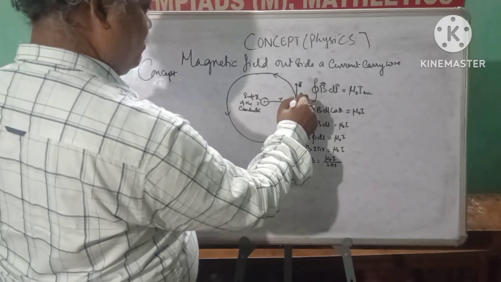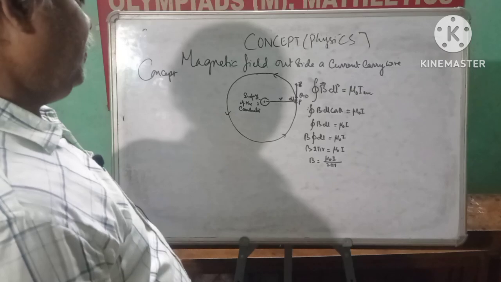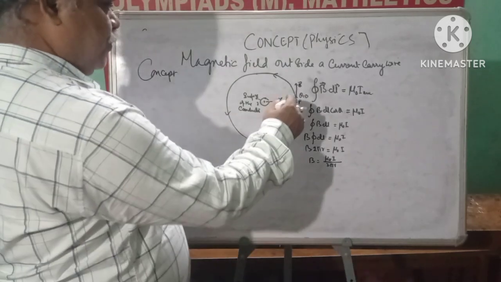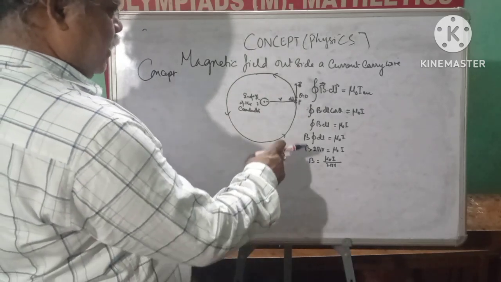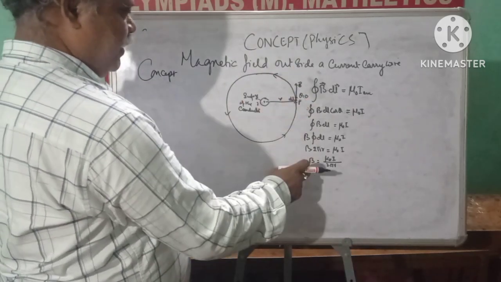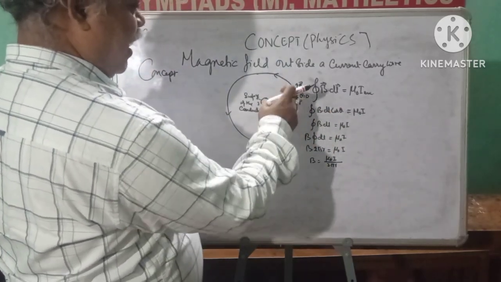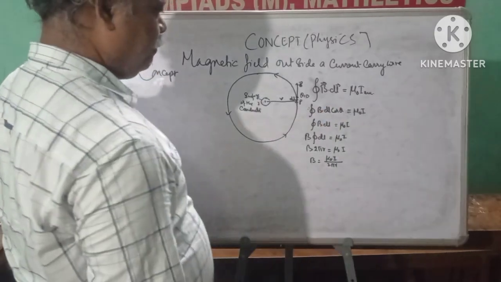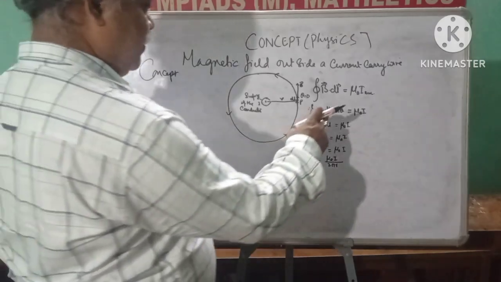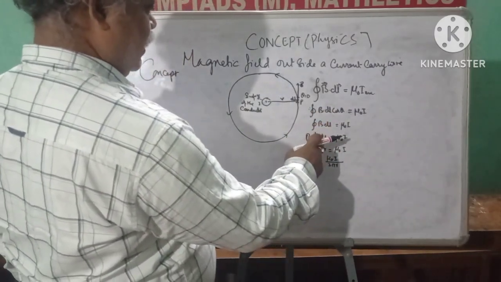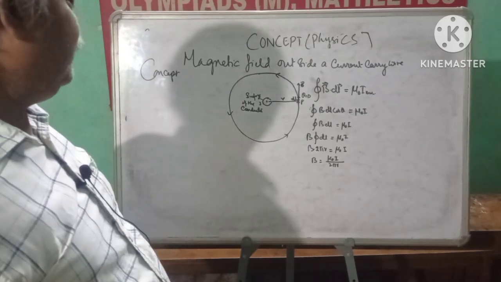That means the magnetic field at point P will be tangential. So this is the concept of the direction of the magnetic field. Since dl and B are in the same direction, theta will be 0, and the integral of dl is 2 pi r. So this is the magnetic field outside a current carrying wire.